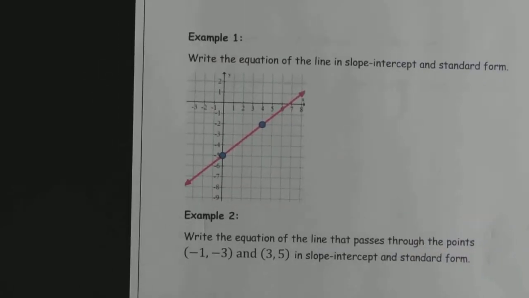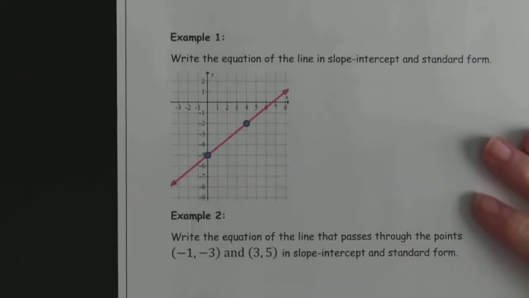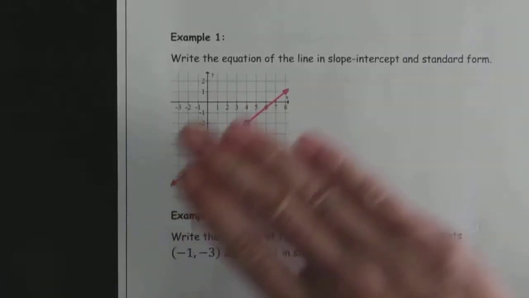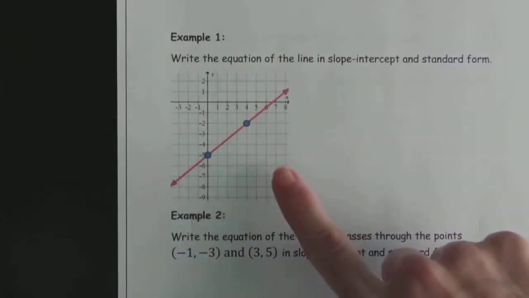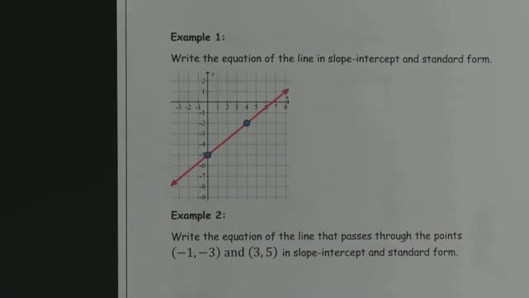Okay, awesome. All right, last page of these notes has 3 examples, and what we're going to do is basically write all 3 equations in slope-intercept form and standard form. So again, it's like a 2-for-1 special.